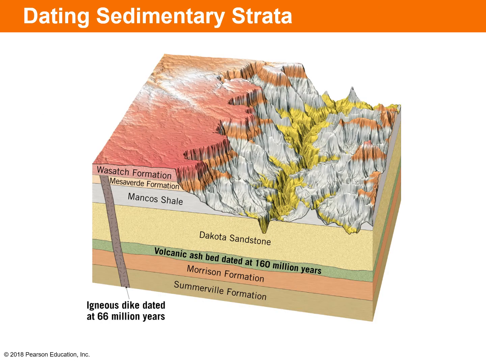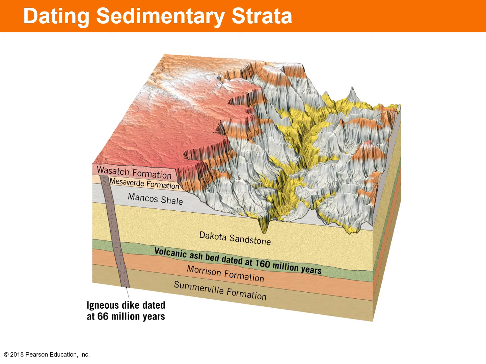So let's look at a real-world example of combining numerical dating, or radiometric dating, and relative dating to determine the age of these rocks to the best of our ability in this figure. Here we see a canyon that exposes a number of layers of rock: several layers of sedimentary rock, and then also a layer of volcanic ash and an igneous dike.